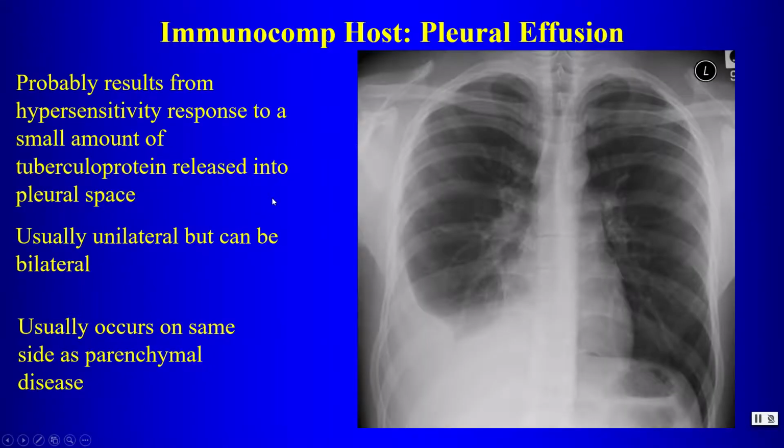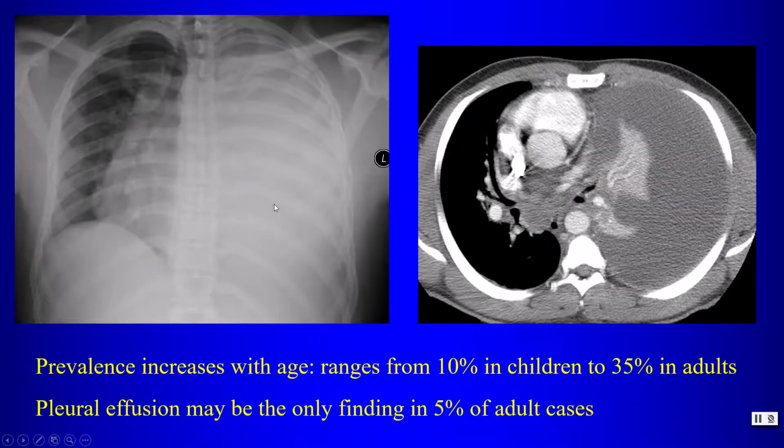Pleural effusions can also be seen in the immunocompromised hosts. This probably results from a hypersensitivity response to the tuberculoprotein, which is released in the pleural space. It is usually unilateral, but it might be bilateral, and it usually occurs on the same side as the parenchymal disease.